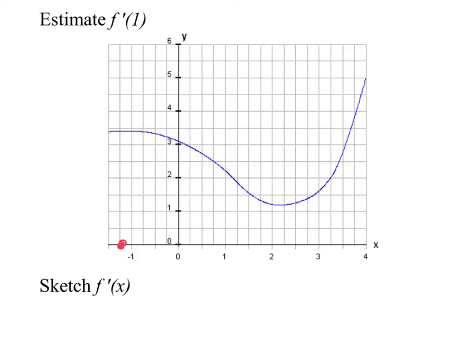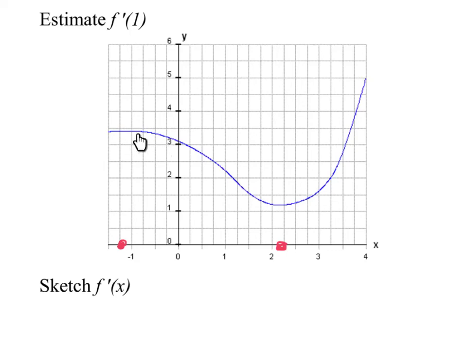Looks like we'll have a horizontal tangent in here too, so I mark that in my derivative. And then I just connect some points. On the left side over here, the slope is negative, the function is decreasing, therefore the derivative must be negative.